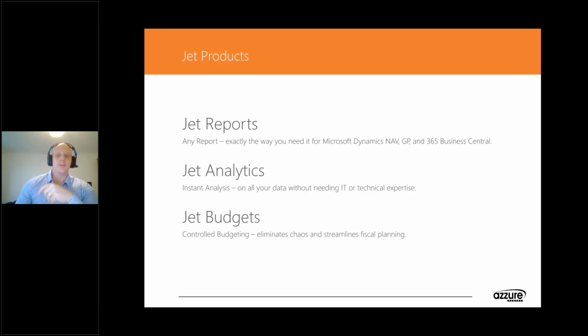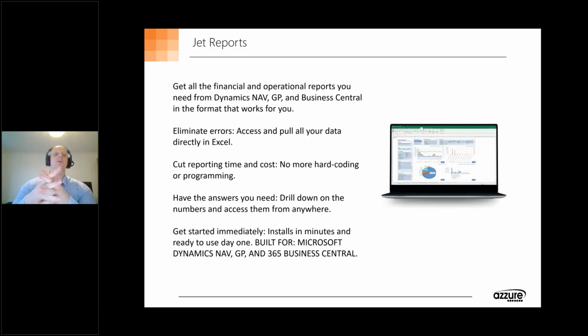Okay, moving on. We'll start off with Jet Reports. Jet Reports allows you to get all the financial and operational reports you need from Dynamics Nav, Great Plains, or Business Central, essentially in formats that work for you. It helps you eliminate errors, access and pull your data directly into Excel, and allows you to play around with that data in a lot of different ways, which right out of the box, Business Central or Dynamics Nav won't allow you to do.